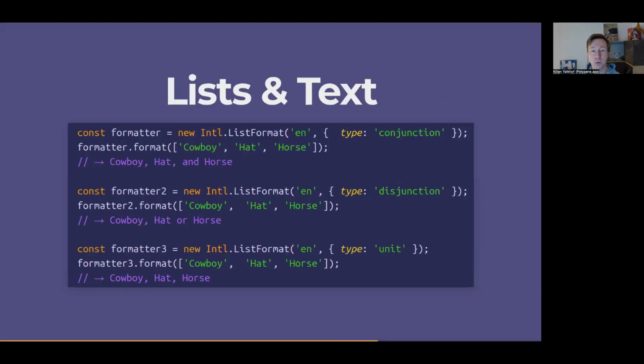Now, the default value of this, if you don't set any type, is conjunction. And this makes it much easier to create natural language lists rather than looping over an array and finding the second last one and then adding an or instead of a comma.